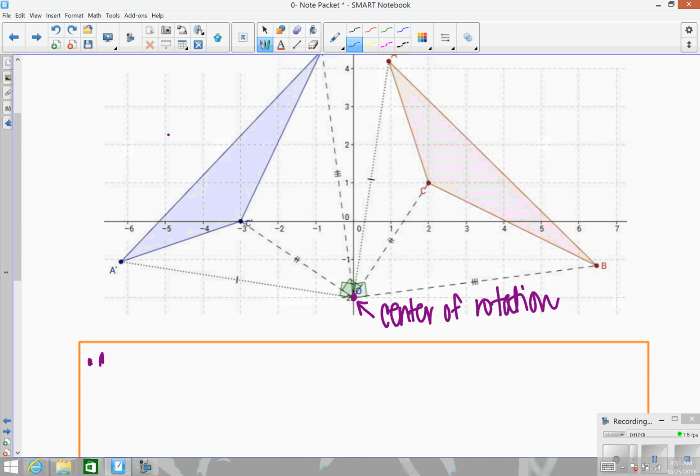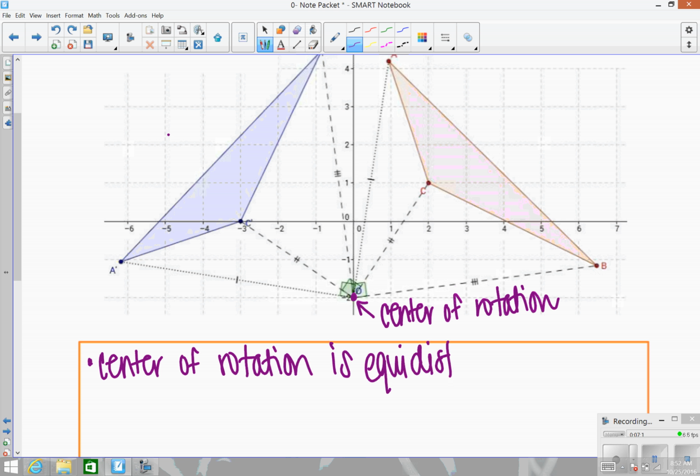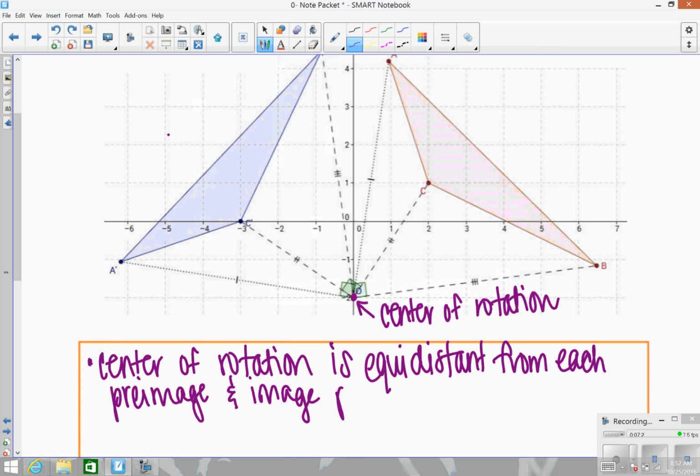So one property is that the center of rotation is equidistant, so the same distance, from each pre-image and image point. So it's that same distance away.